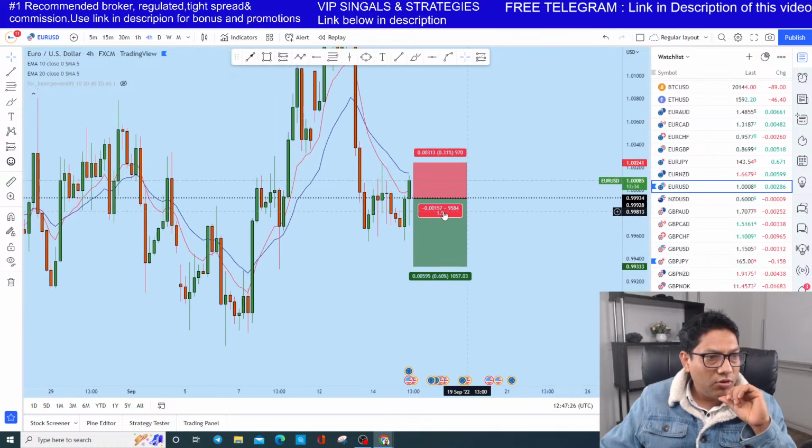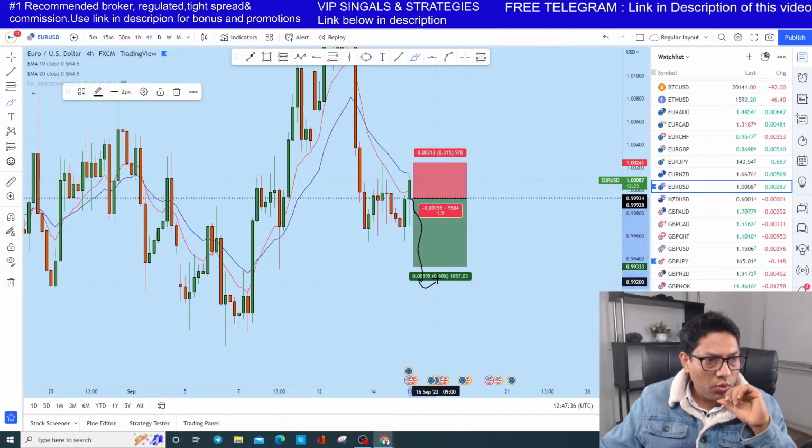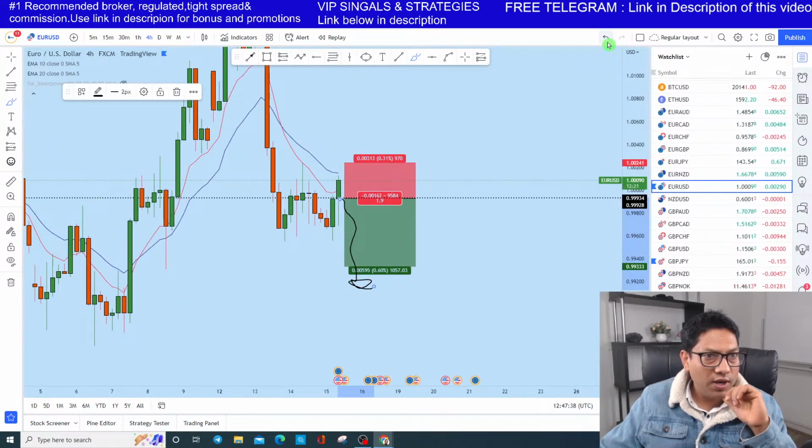What I think is that euro dollar will touch this 20 period moving average, and then it might close as a doji, and then we could see movement to the downside. Let's see what happened.